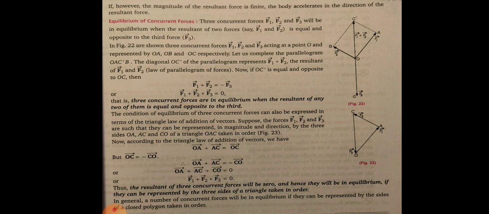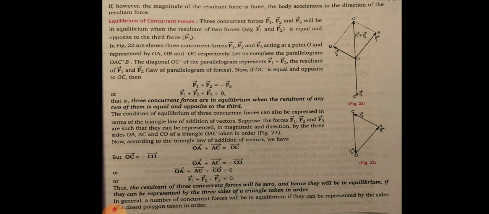It has been already explained that if we construct a vector diagram, distance between head of last vector and tail of first vector gives resultant of these vectors. Here the three forces are in equilibrium, so resultant is 0.